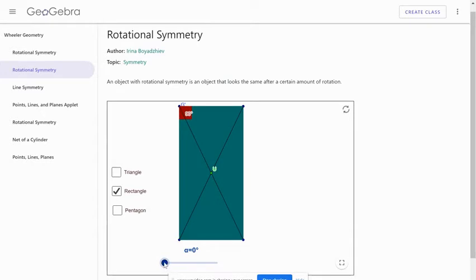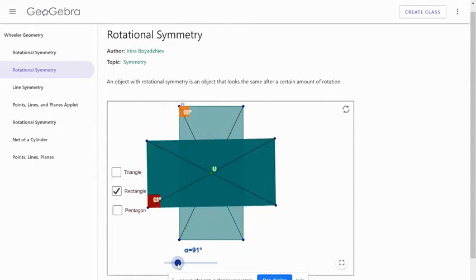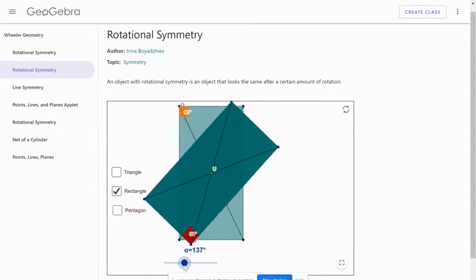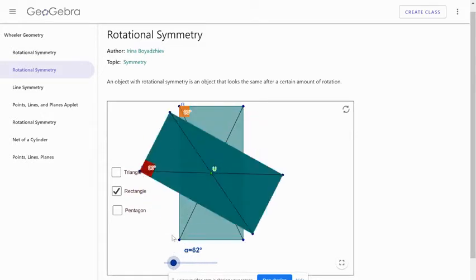Okay. The next one, a rectangle. How far do you have to turn this one? See if you can guess before I do it, how far do you have to turn this one so that it looks exactly the same? Still doesn't look the same. Still doesn't look the same until you get right there. And that, if you look at the angle down at the bottom of the screen, says that's 180 degrees, and that makes sense.